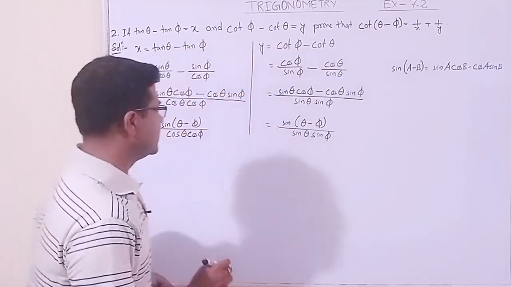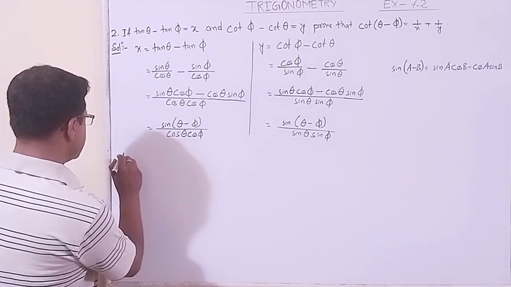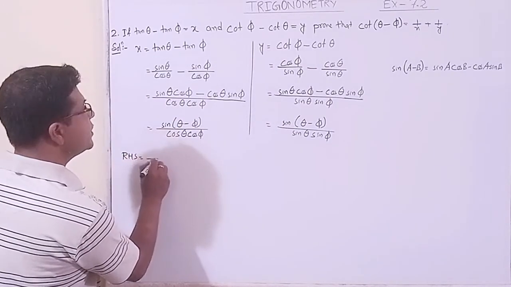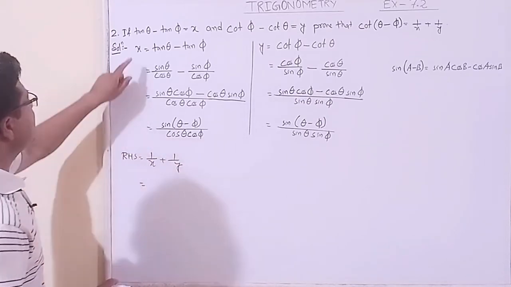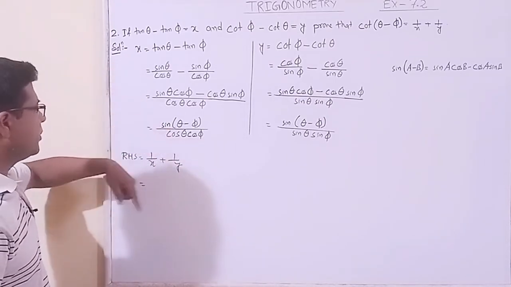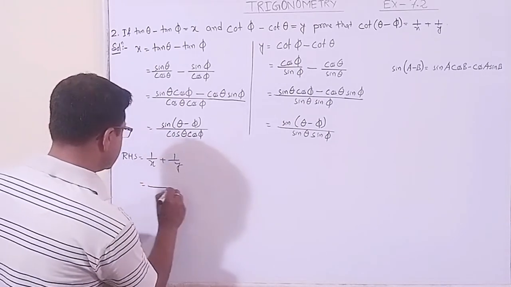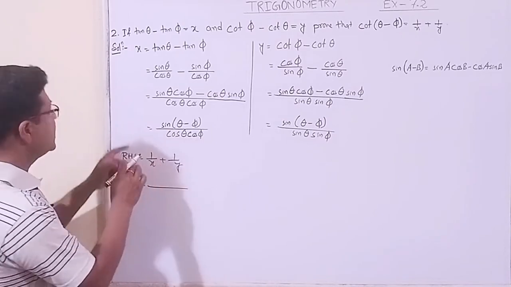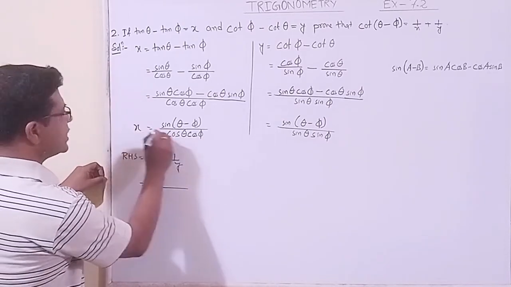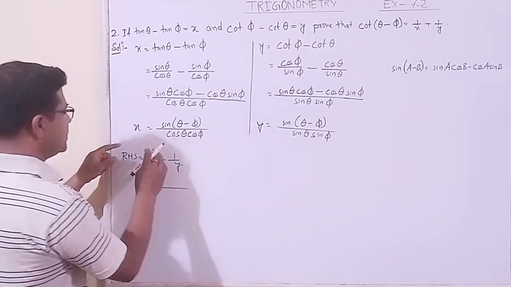Now let us take the right hand side. What is right hand side? 1 by x plus 1 by y. So if x is this, what will be 1 by x? We will take the reciprocal of it. Are you understanding the thing? This is x and this is y. So what is 1 by x?